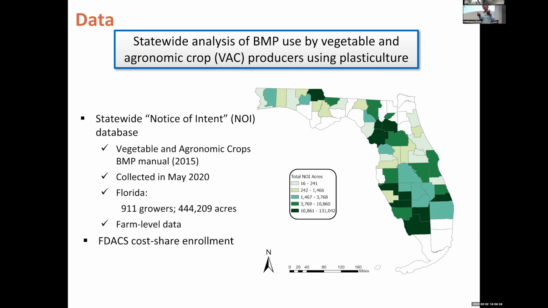Sometimes the program does allow you to break it off. Say a large piece of your farm is on this side of the road, but then a few miles down, you have the other piece of your operation. We can see that, and we took those out of this analysis. But it is the whole farm. So part of the farm might be in ag production, part of the farm might be something else. If a house is on the farm, that's all included. But still, having these whole farm acres, I think, is very valuable.